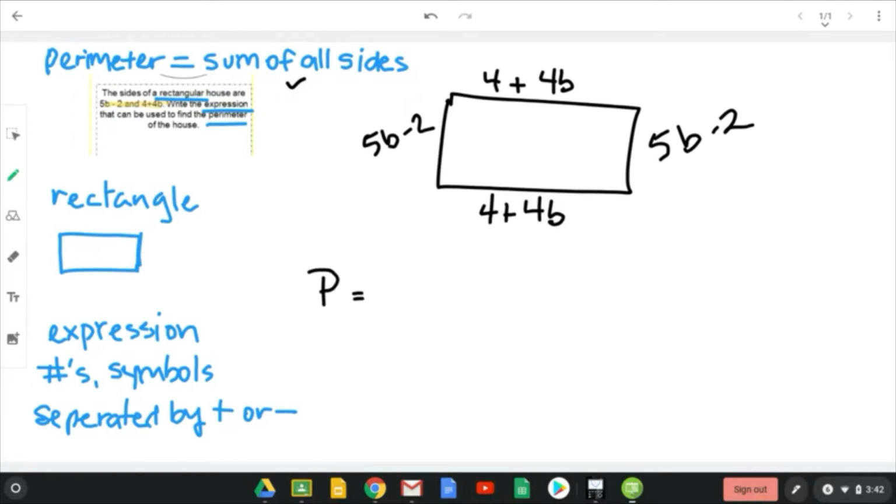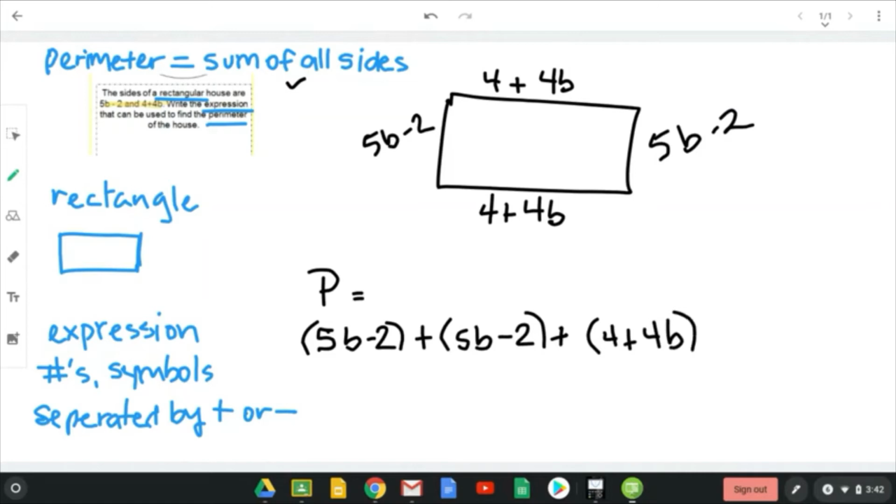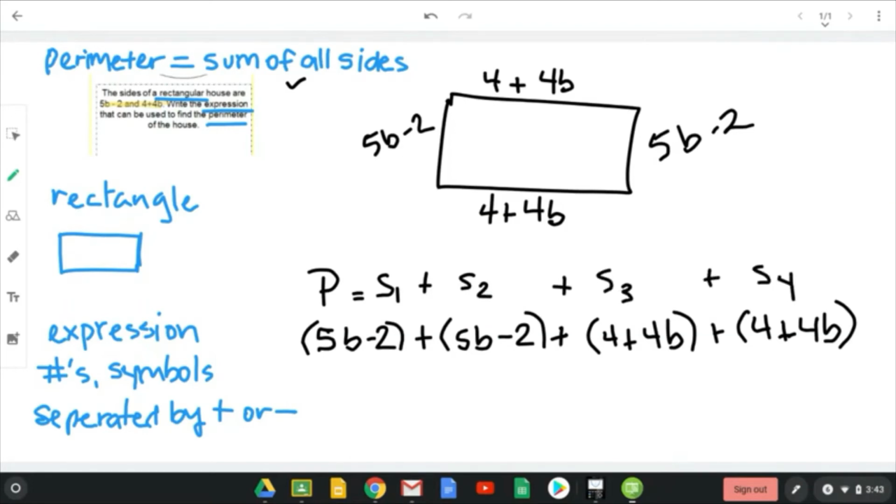So perimeter can be expressed as 5b minus 2 plus 5b minus 2 plus 4 plus 4b plus 4 plus 4b. And notice I've added side 1 plus side 2 plus side 3 plus side 4. So I have 4 sides that I'm adding together, and they're all expressed as expressions.